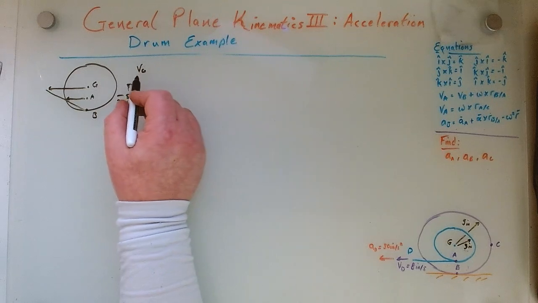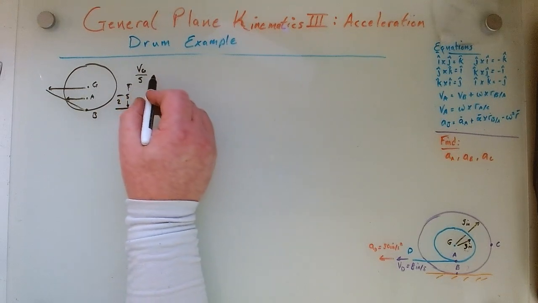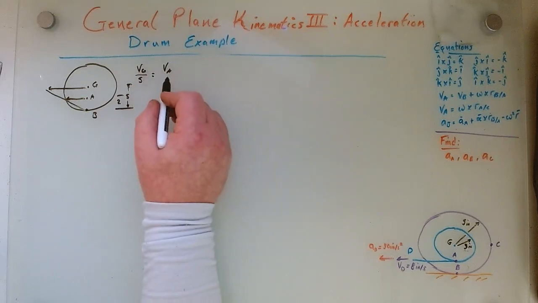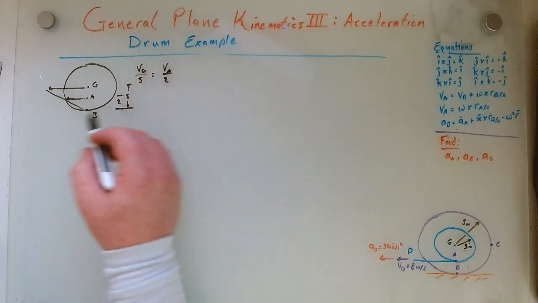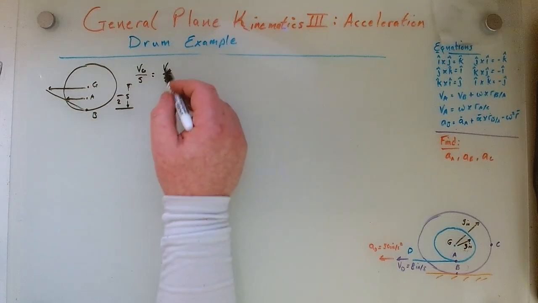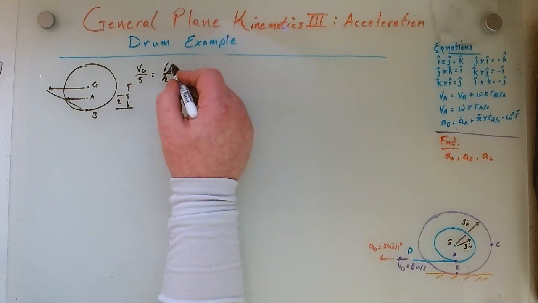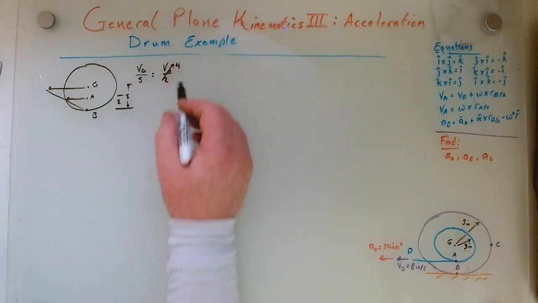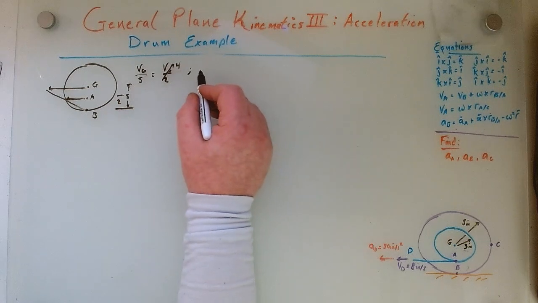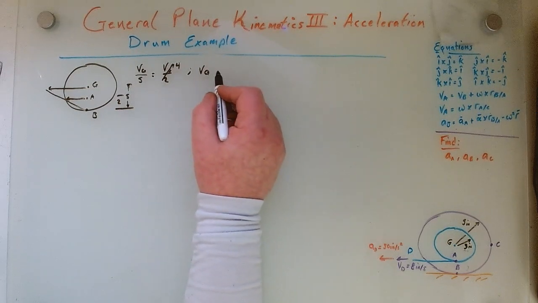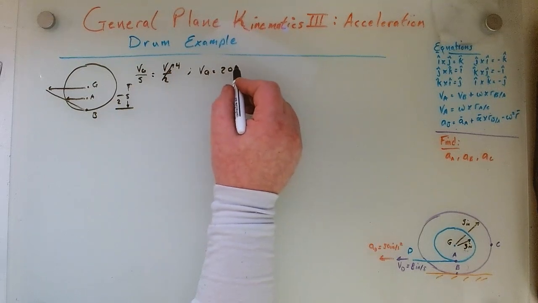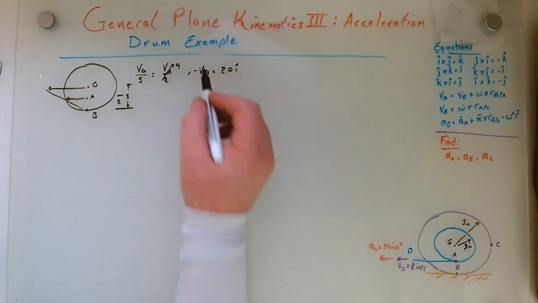So VG over 5 is equal to VA over 2. This equal triangle idea. So this is 8 over 2, which is 4. And if we multiply 5 across, then that gives us that VG is equal to 20, and that is negative I.